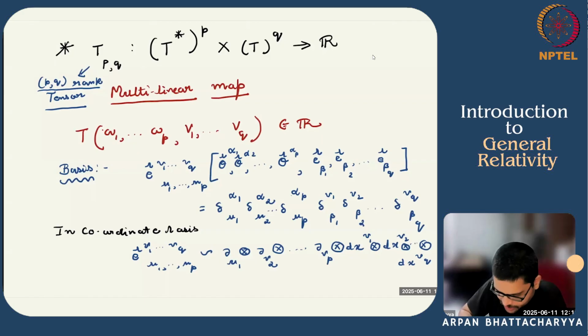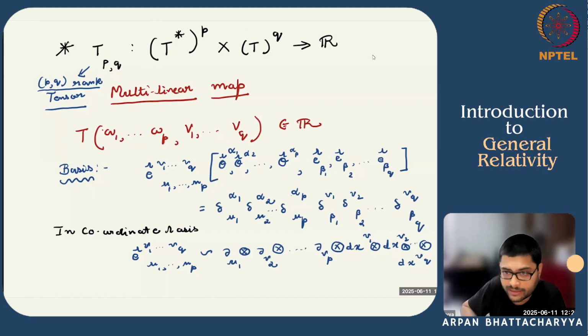So we can identify a basis for this tensor which takes this form that we denote by the symbol E hat, which will have P number of lower indices which we denote by mu1, mu2, up to mu p, and then it has Q number of upper indices, nu1 to nu q. Then it takes these P number of basis vectors of one forms, which we denote by theta.